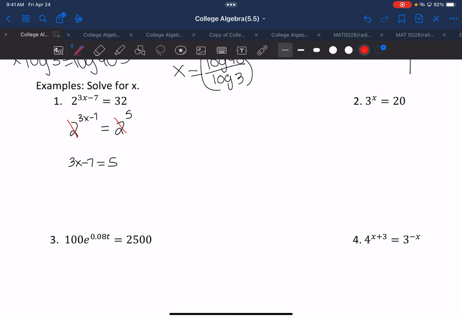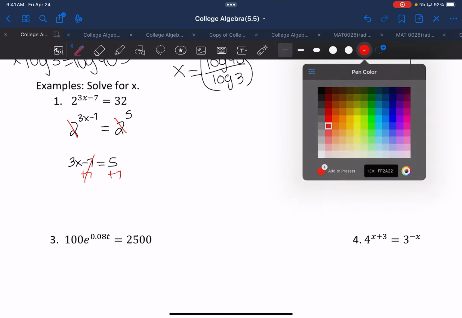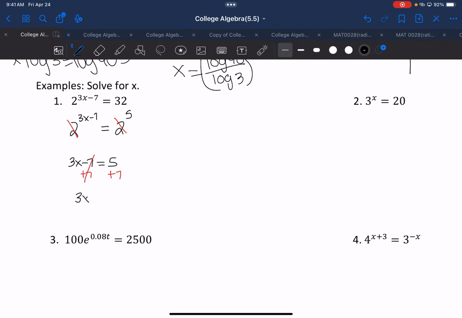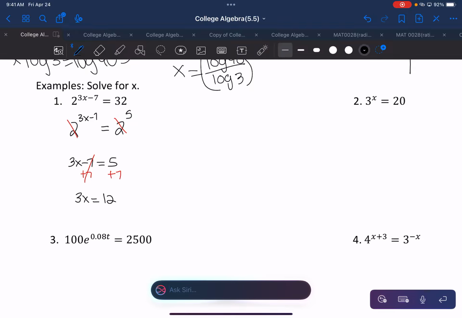So from here, I would just solve this linear equation. I would add 7 to both sides. Okay.